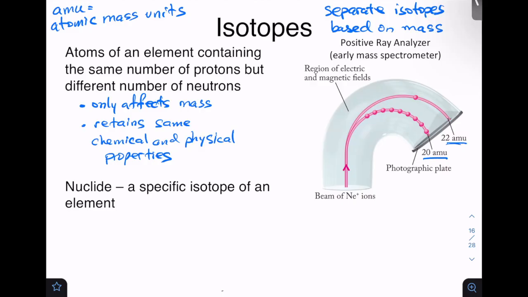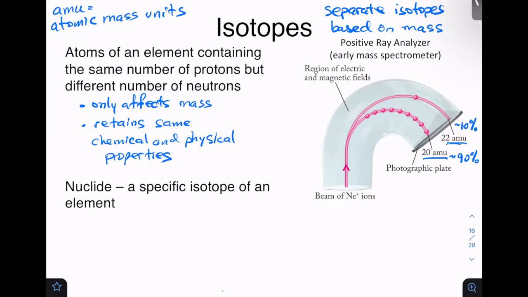And you can tell by the number of little balls that are drawn in this diagram that we have about a 9-to-1 ratio. About 90% of these are of the weight of 20 AMU, and about 10% of them are 22 AMU.